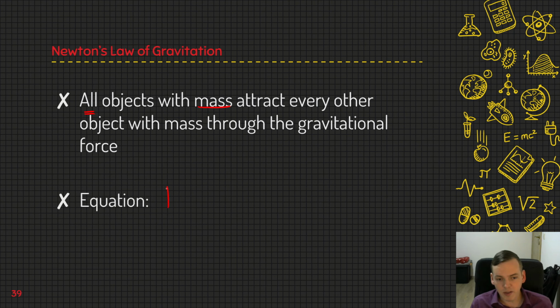The equation to figure out how strong that pull is as follows. Fg equals big G m1 m2 over r squared. So in this setup, this is obviously the force of gravity. So that's what we're solving for.